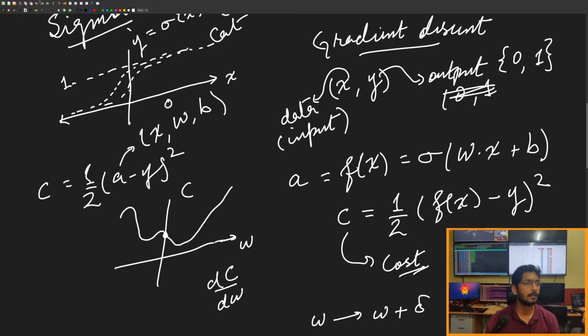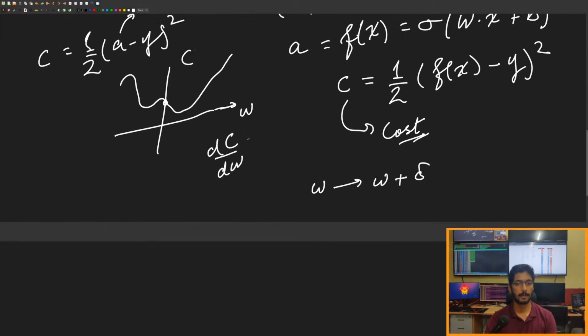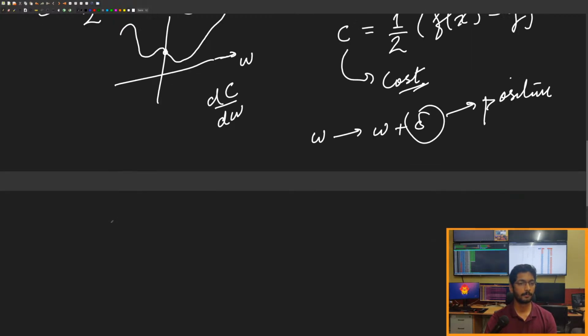Now, I'll just create a new page here. So now this delta value is positive. Now what I want to do is write w is equal to w minus some small constant eta, and this derivative.